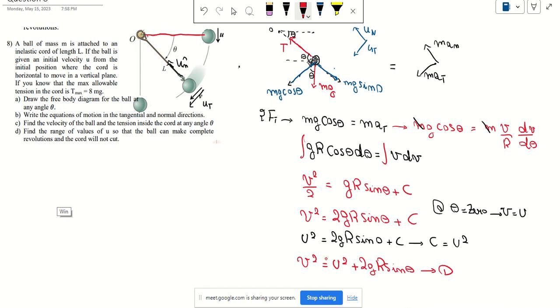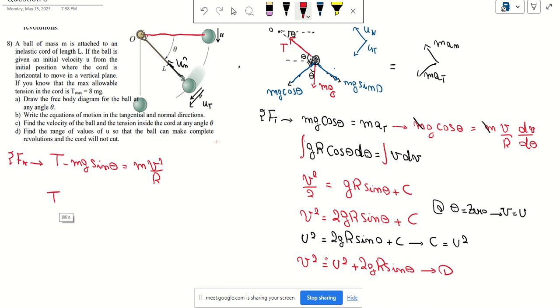Let's move to the second one, which is summation Fn. Summation Fn says that T minus mg sine theta is equal to m v squared over r.